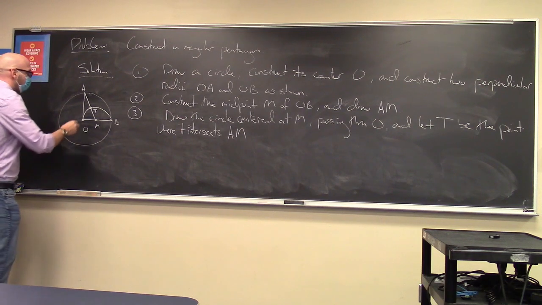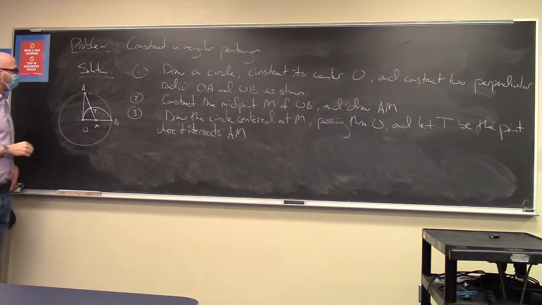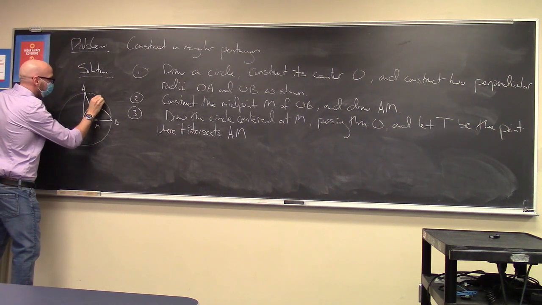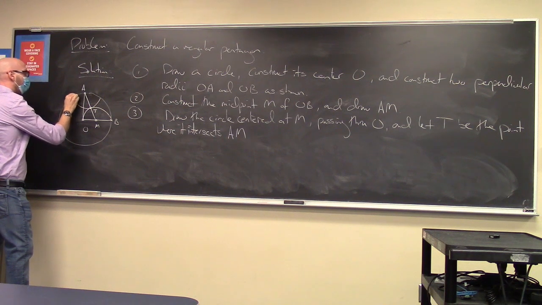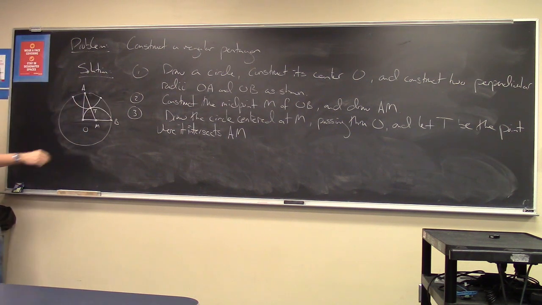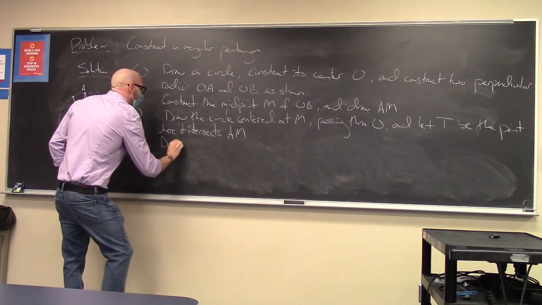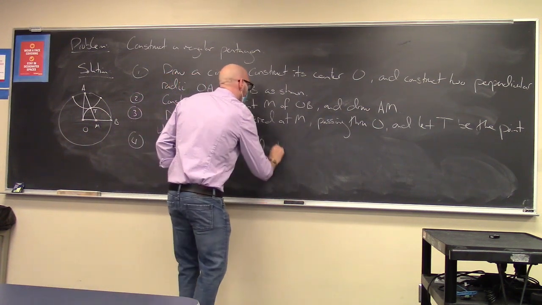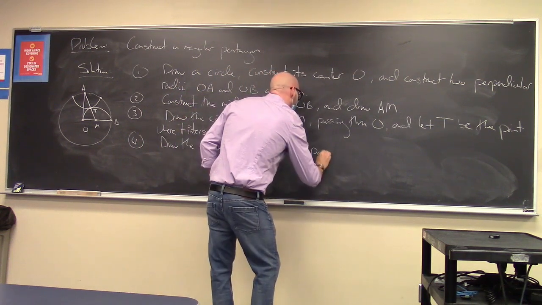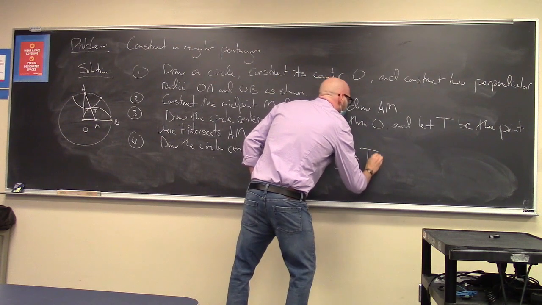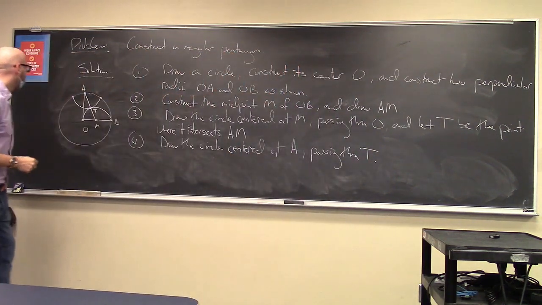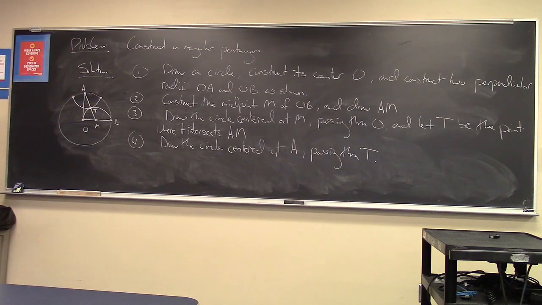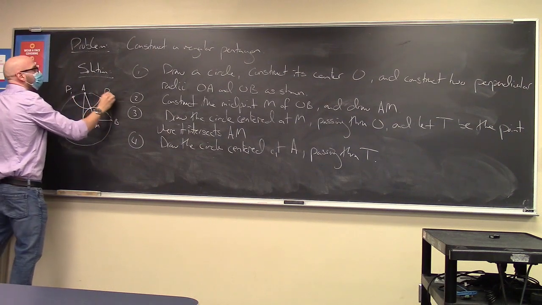There's only one more thing I need to do now, which is come to A and draw a circle centered at A passing through T. So circle centered at A passing through T. Draw the circle centered at A passing through T. And the two points where this circle meets the original circle, let's call those points P1 and P2.